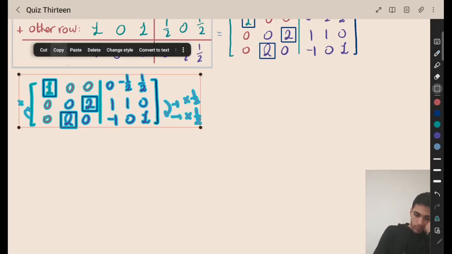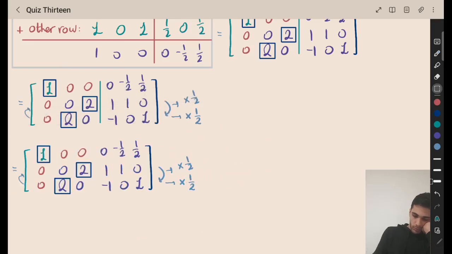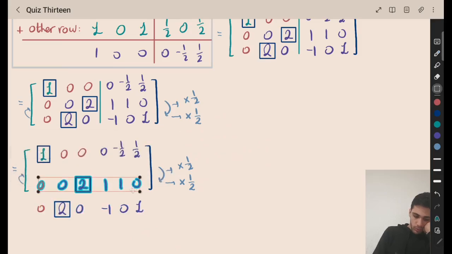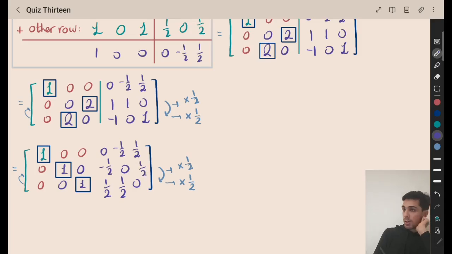So first off, switch the rows, and then multiply by a half. This gives you 1, half, half, 0, minus half, 0, and a half. Don't forget this line here.